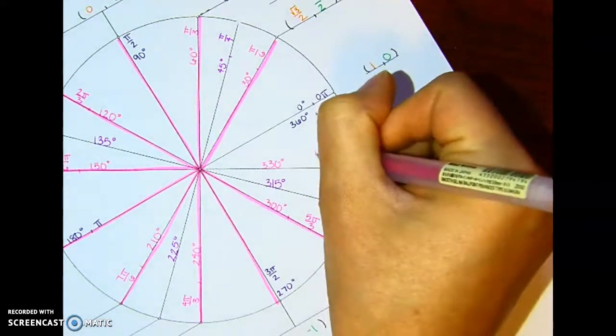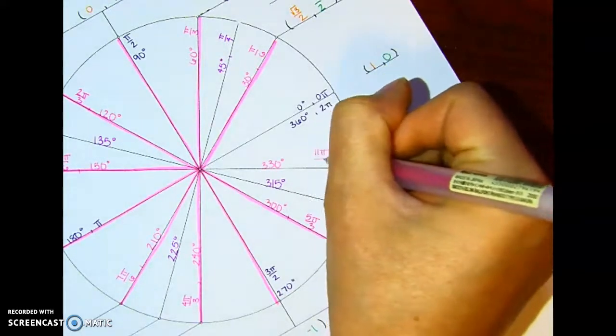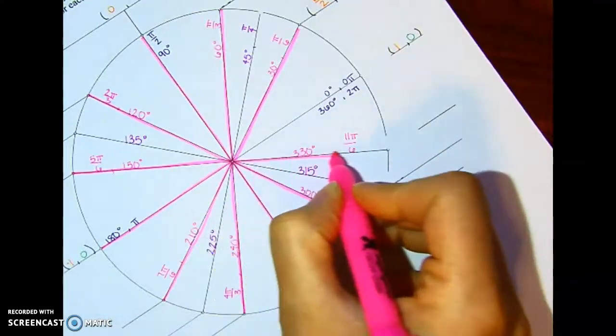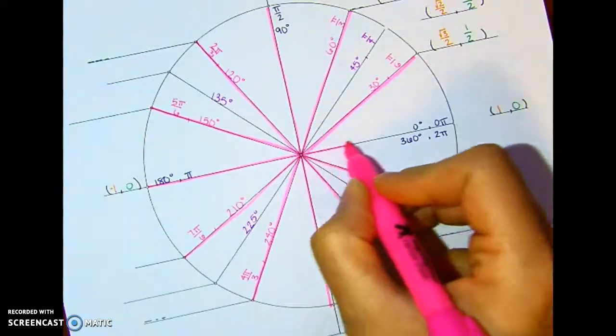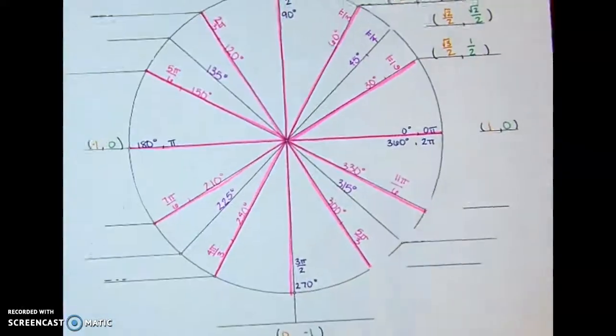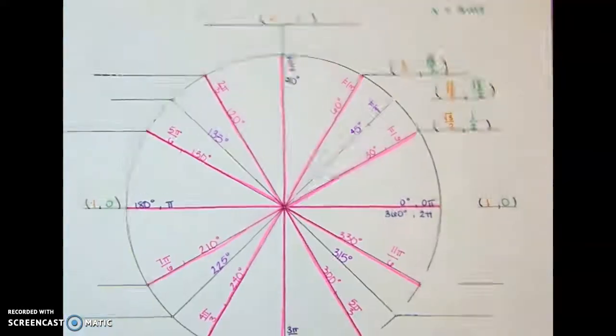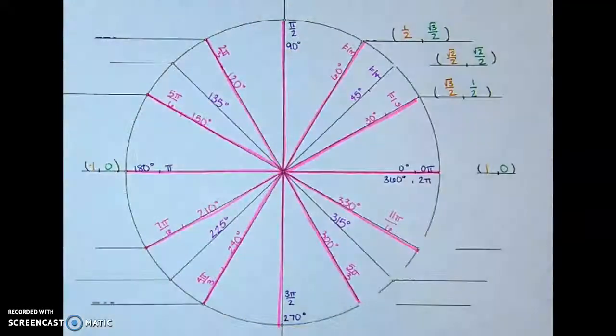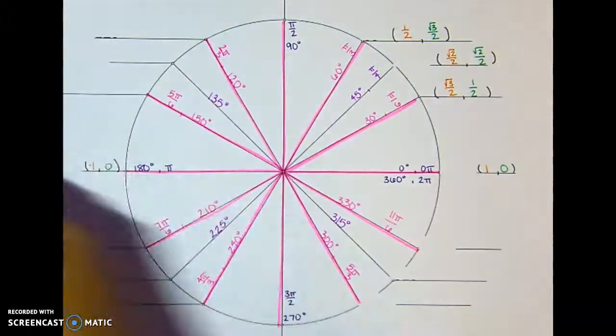And then 11/6, or 11 pi over 6. And then if we go all the way, we get 12/6, which reduces to 2 pi. So all these angles you can think of as 1/6, 2/6, 3/6, 4/6, 5/6, and count them out as fractions.